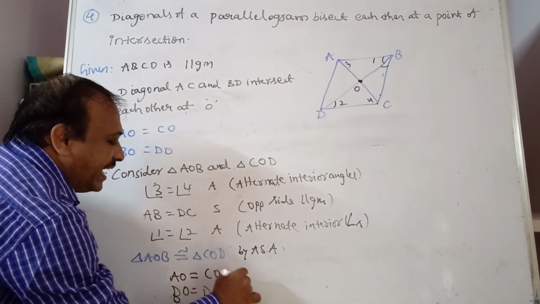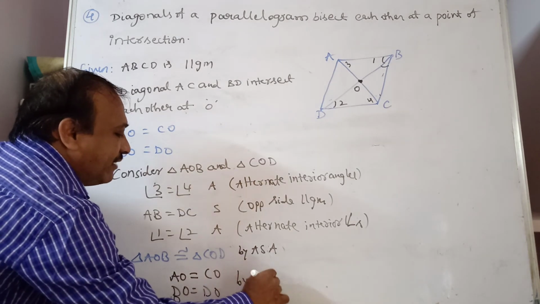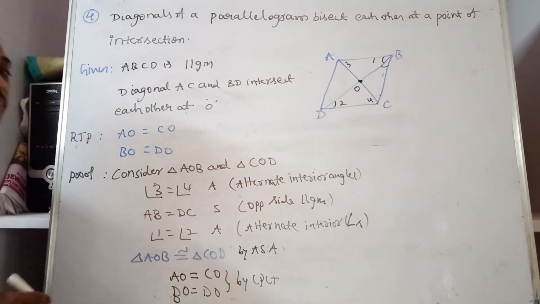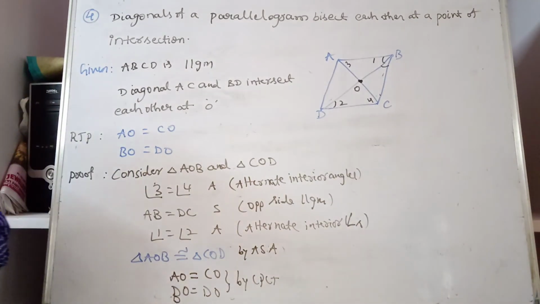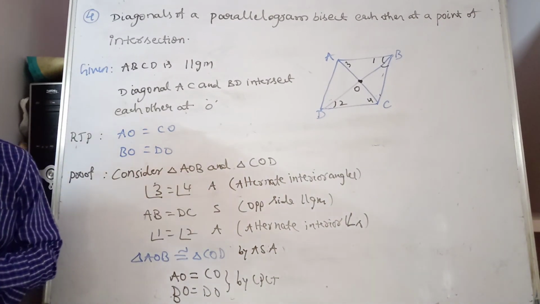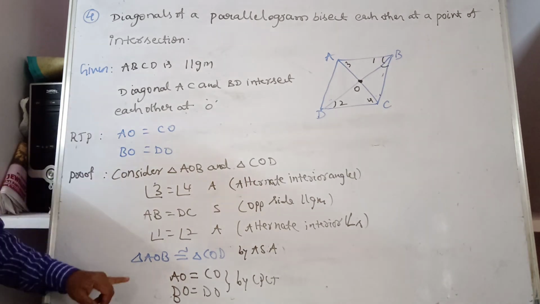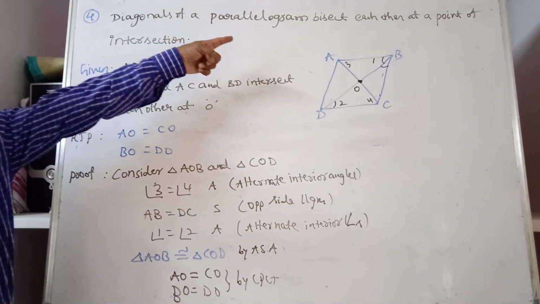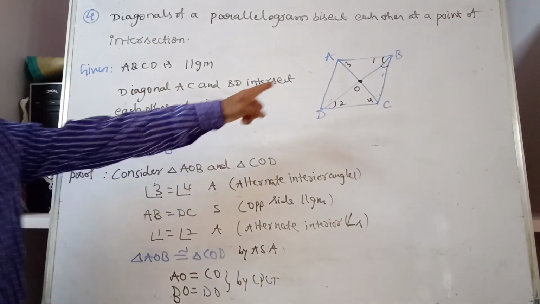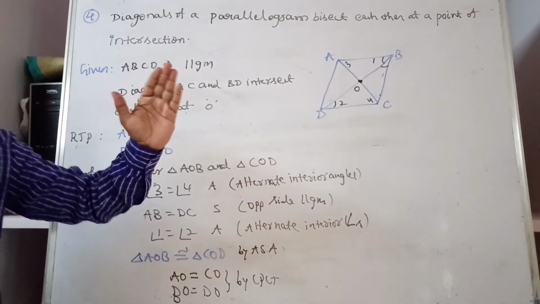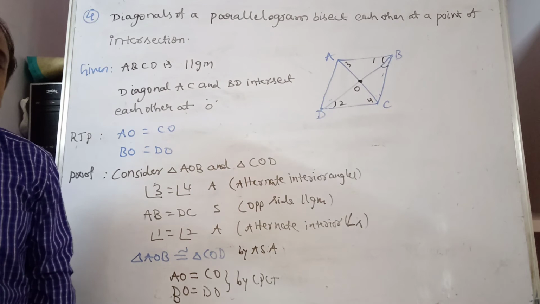This is by CPCT. What is the full form of CPCT? Corresponding parts of congruent triangles. This shows the diagonals of a parallelogram bisect each other at the point of intersection, where they are meeting. That point divides the diagonal into two equal parts.